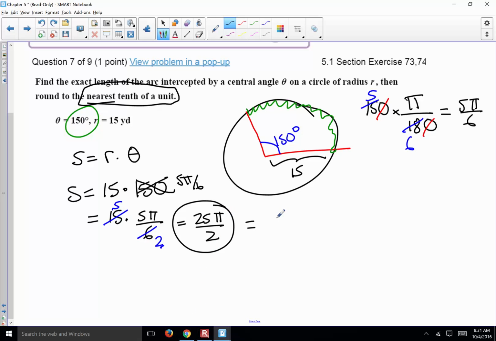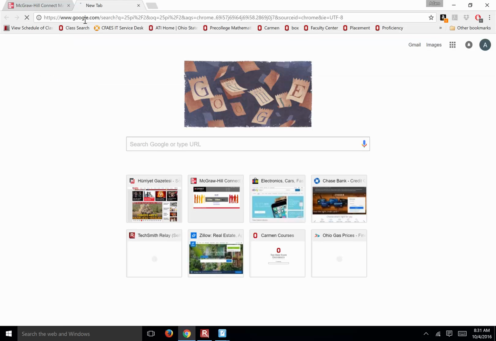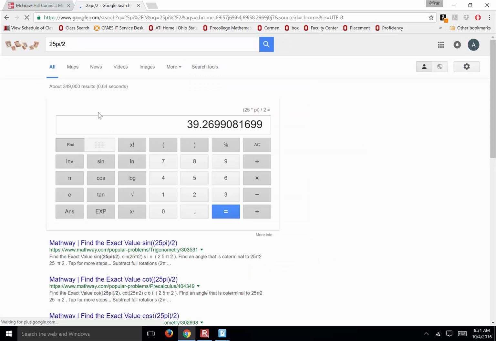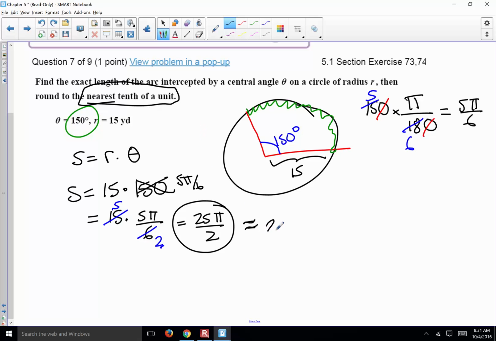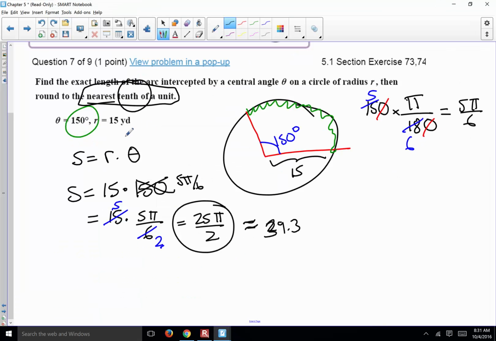So please do compute this in your calculator by taking pi as many digits as you like, but round it to the nearest tenth. So 25 pi over 2 is... first digit, right? So I'm going to round this up. Okay, nearest tenth is the first digit. Any questions?